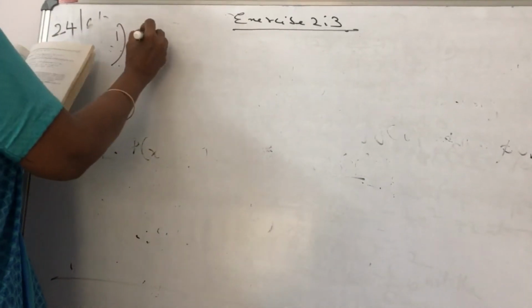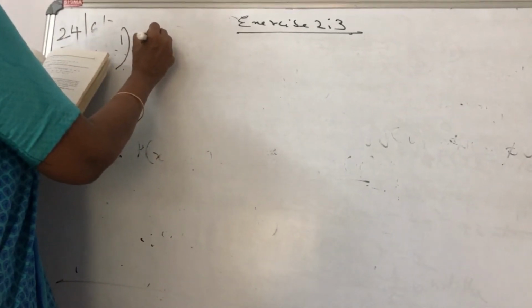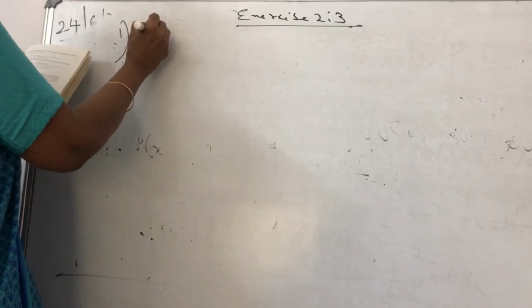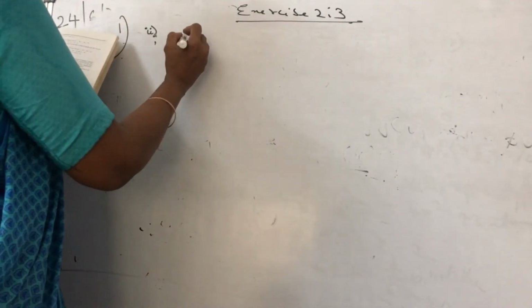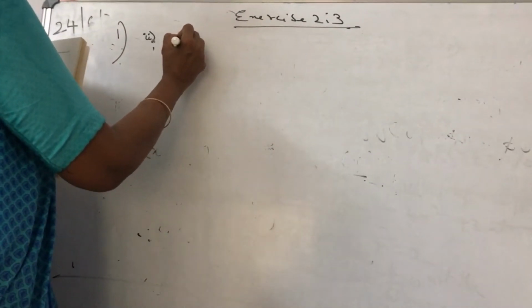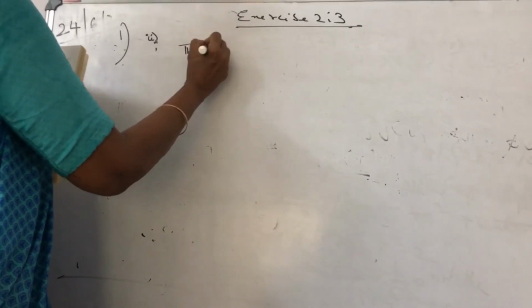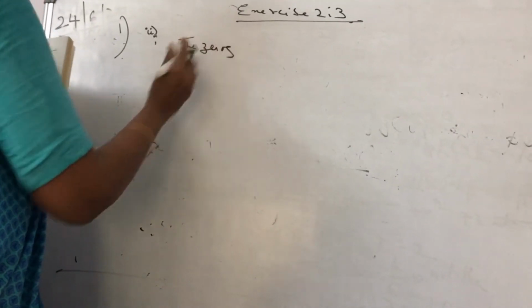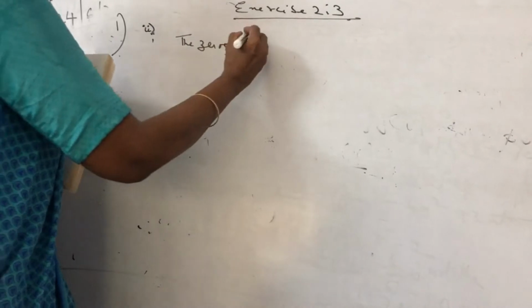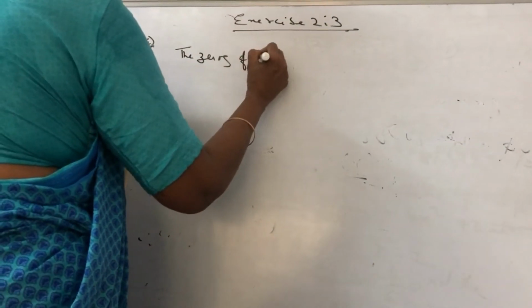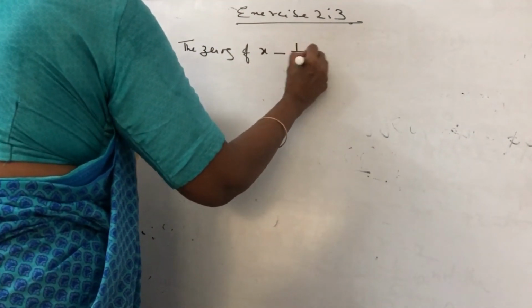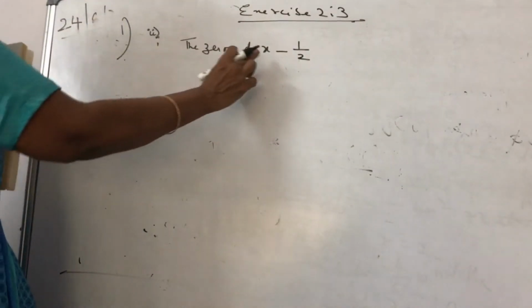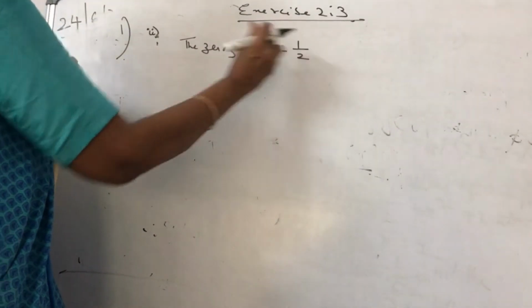I am doing the second bit, children. What is your divisor? X minus 2. Remember, children, whenever you want to find the remainder, find the zeros of the divisor. Your divisor is what, children? X minus 1 by 2.